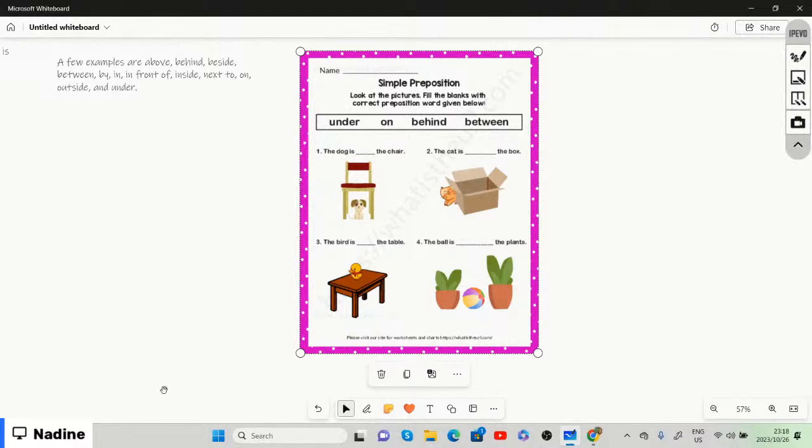If we now look at these pictures, we need to say if the following is either under, on, behind, or between.